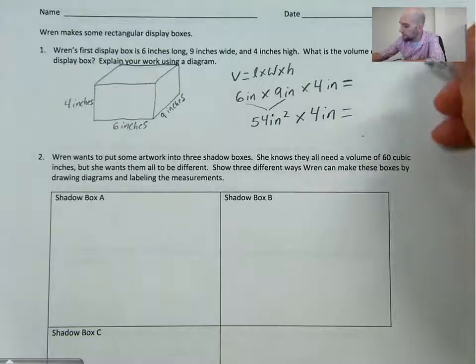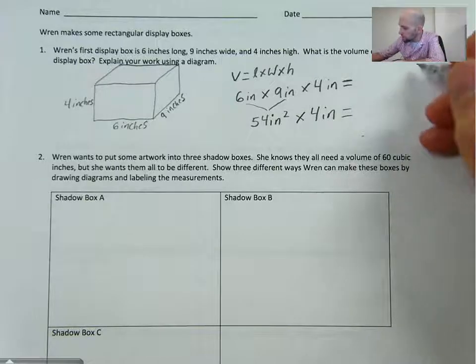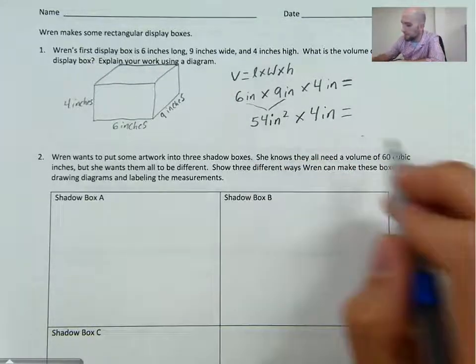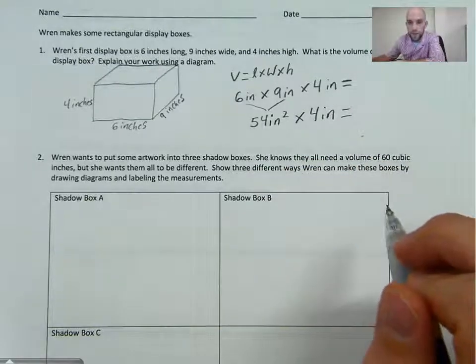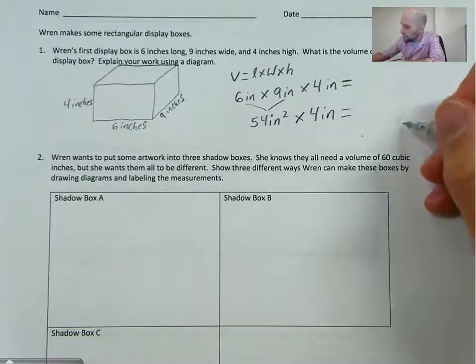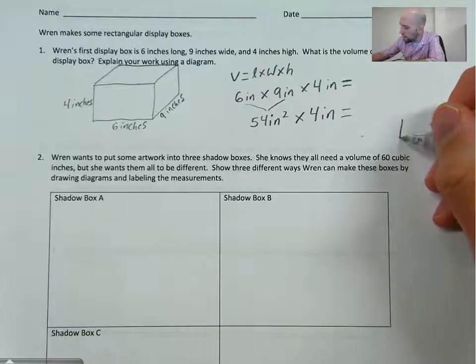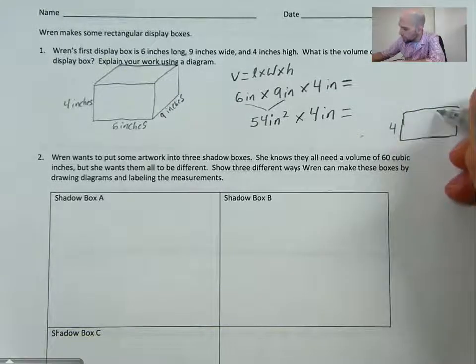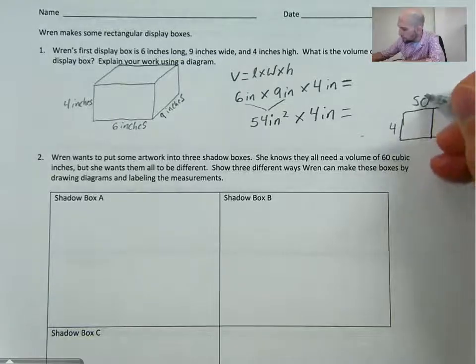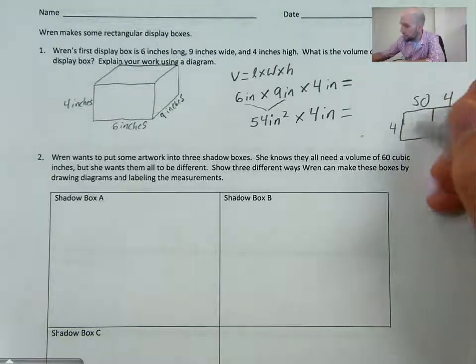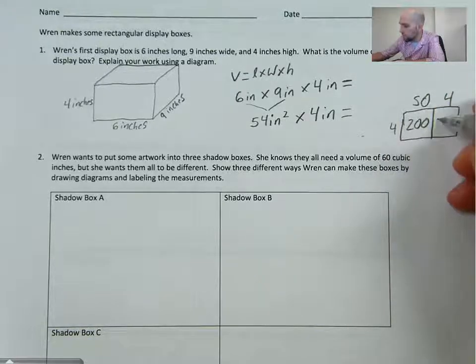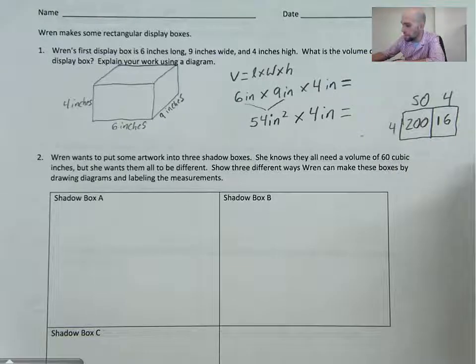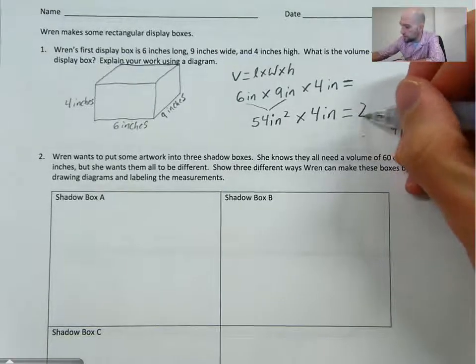When I do 54 times 4, let's do it this way. We'll break that into 50 times 4 and 4 times 4, and we'll add them up. So I'll do a little area model down here. So I have 4, and then I have 50, and I have 4. 50 times 4 is 200, and 4 times 4 is 16, and then I'll add those two together, and I'll get 216.